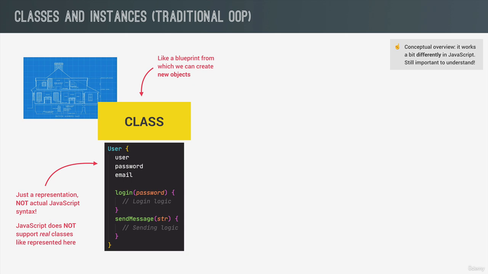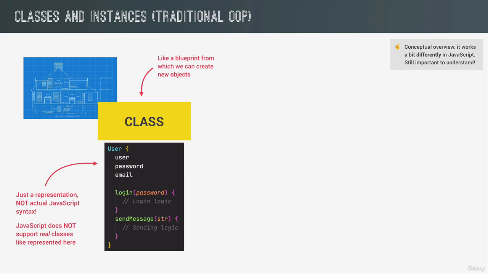But anyway, back to our fictional class here, we can see that it describes a user who has a username, a password, and an email. So it's a description of data about a user, but it's not the data itself yet. Because remember, the class is really just a plan, and the plan doesn't contain the real-world data just yet.